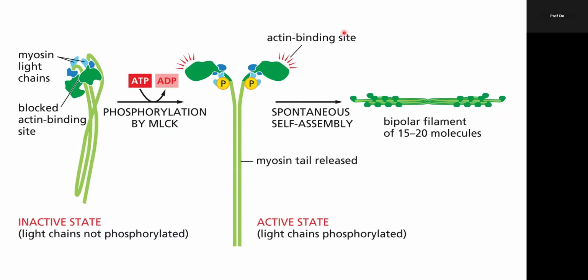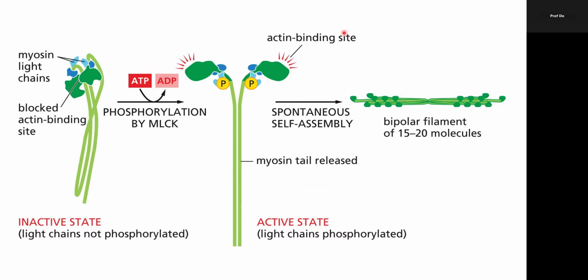With that regard, that's how myosin, tropomyosin, troponin, and calcium play a role inside the muscle cell. But they can also play a role outside the muscle cell in other various forms.